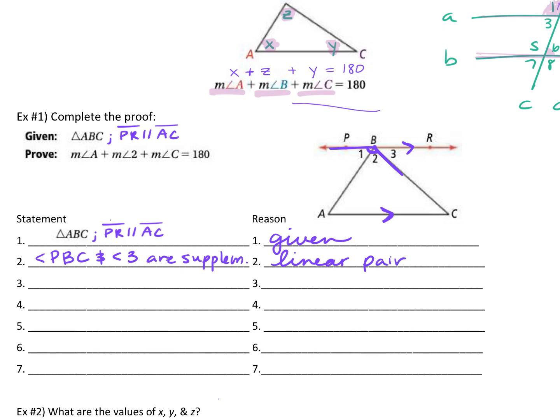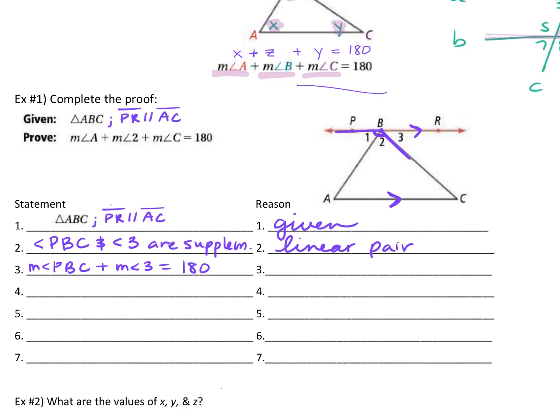Sorry, sometimes I revert to cursive. My cursive is so much neater. So if we know they're supplementary, what does that mean? They equal 180. So I'm going to say the measure of angle PBC, oops, that's not a P, PBC plus the measure of angle 3 will equal 180.